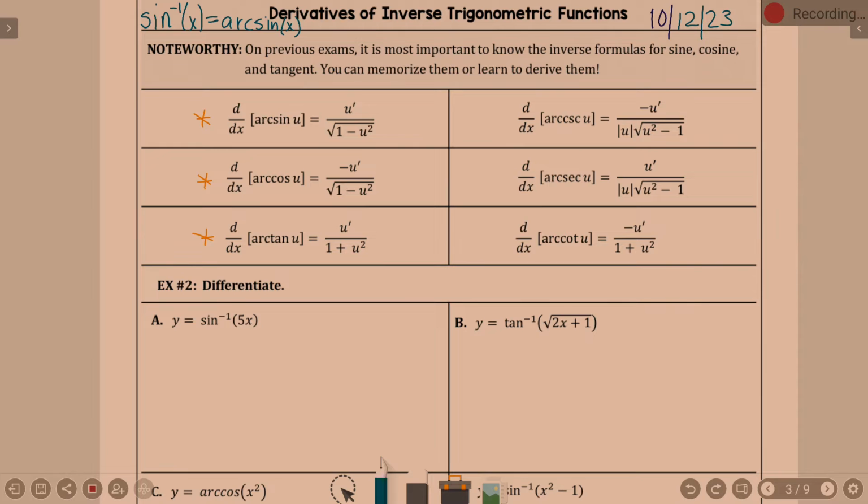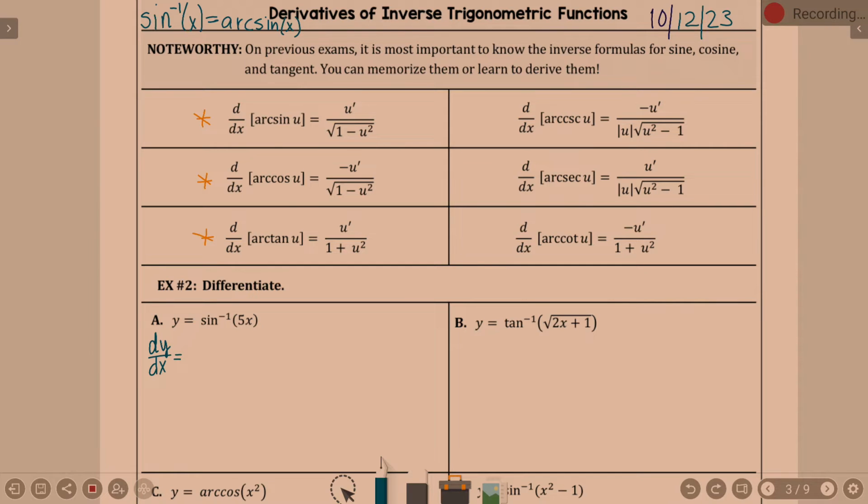Okay, we're going to use the formula. I think what I wrote out is if we want to actually derive it as we go, but I don't want to do that. So, y equals sine inverse. We're trying to find the derivative. So you can write this as y prime, or I'm actually going to write dy dx.